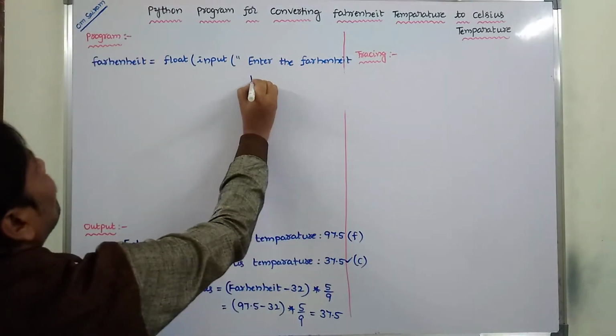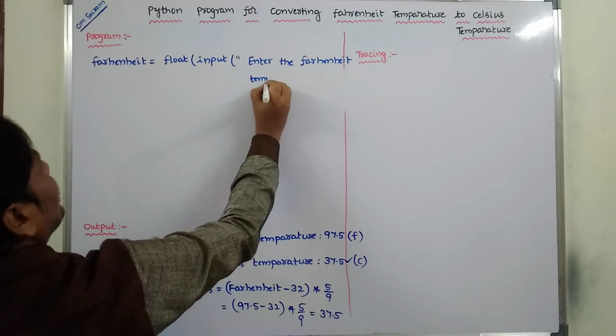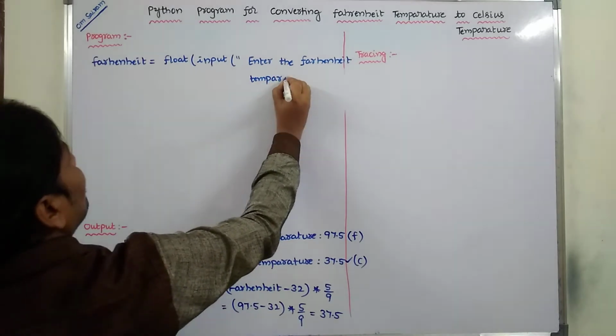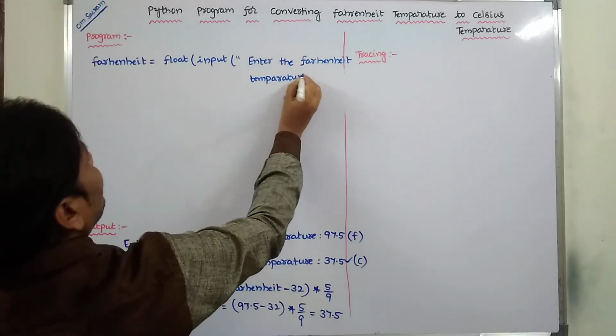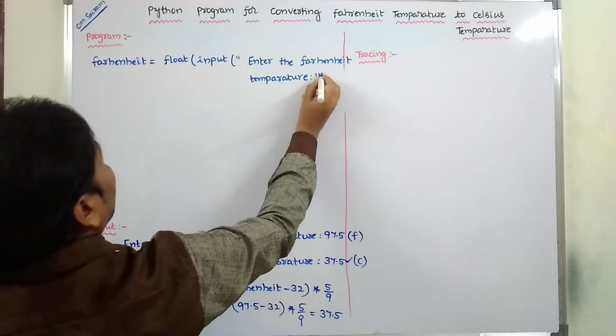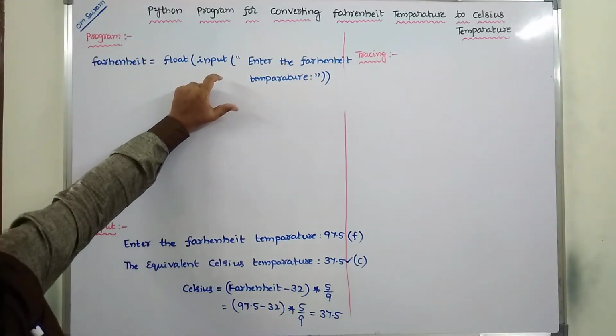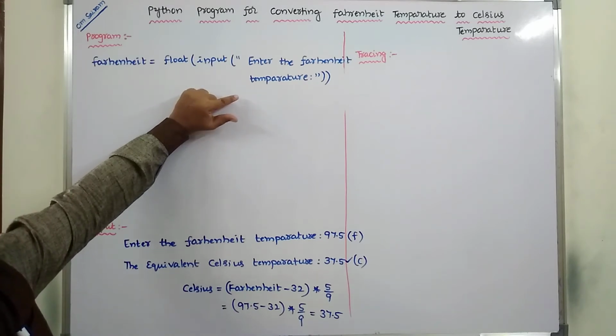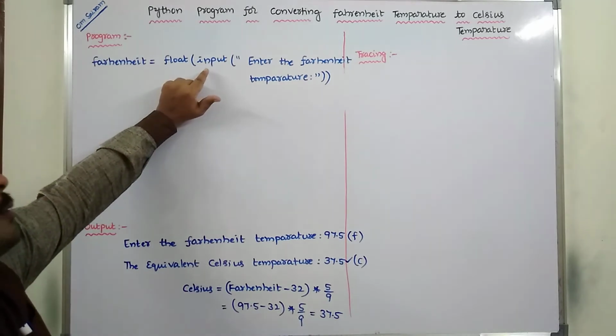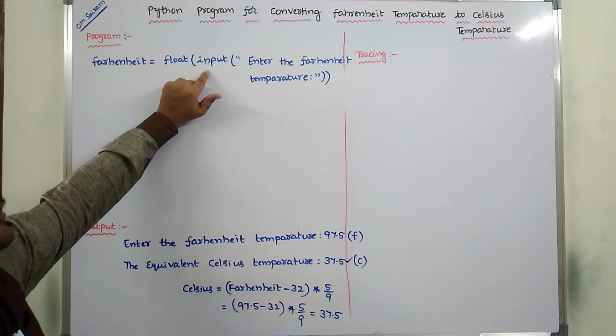This statement is used for reading the Fahrenheit temperature from the keyboard entered by the user. For that, we have to use the input function.